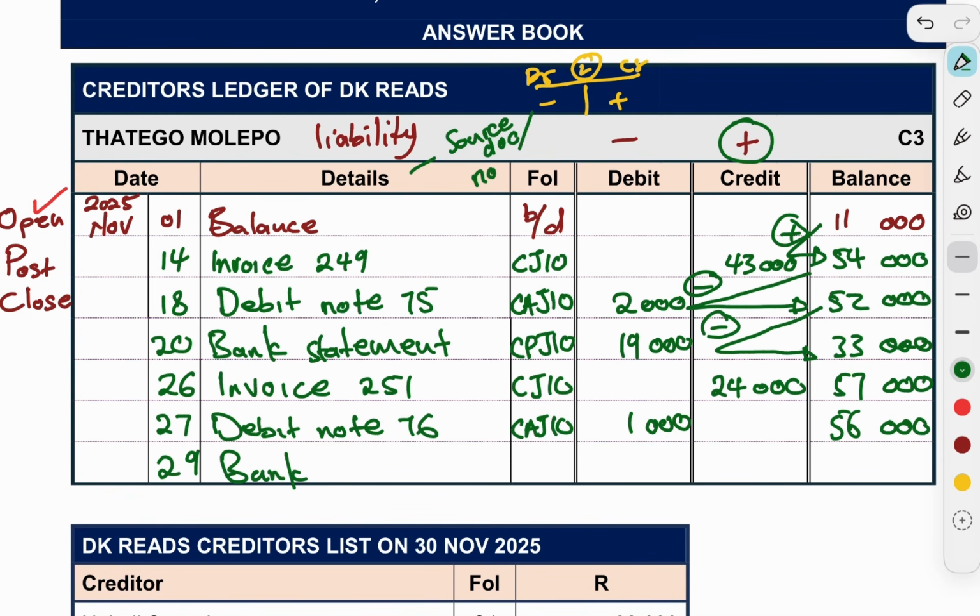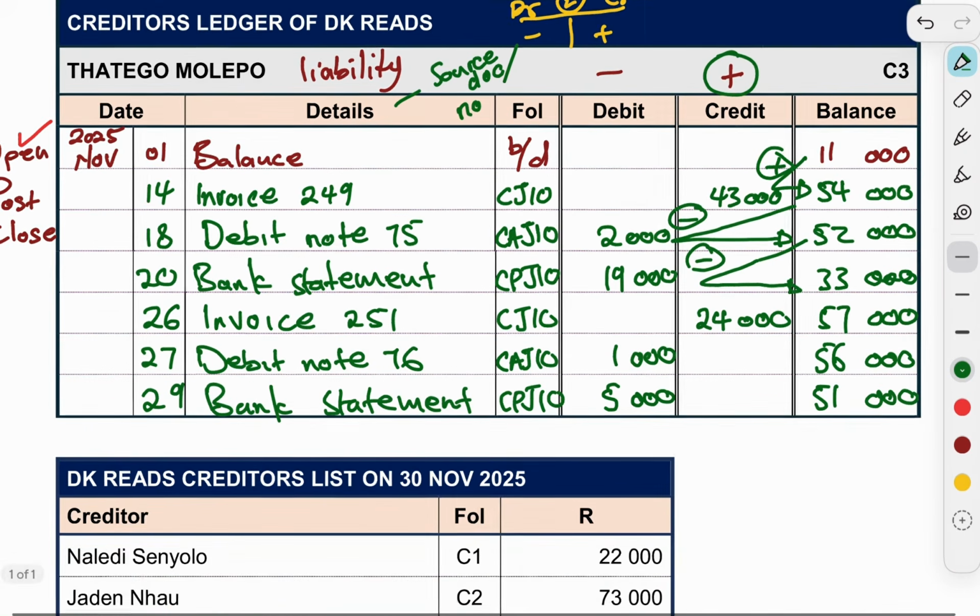It doesn't have a number. Where are we getting this information from? CPJ number 10. Are we reducing or increasing the account? We are making a payment to the creditor, so we are reducing how much we owe, and the balance now is 51,000.